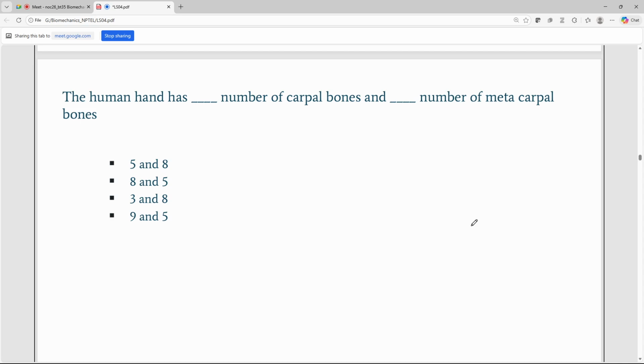Next question. The human hand has dash number of carpal bones and dash number of metacarpal bones. So here the question is on the number of bones. Try to answer the question. Is it 5 and 8, or 8 and 5, or 3 and 8, or 9 and 5?